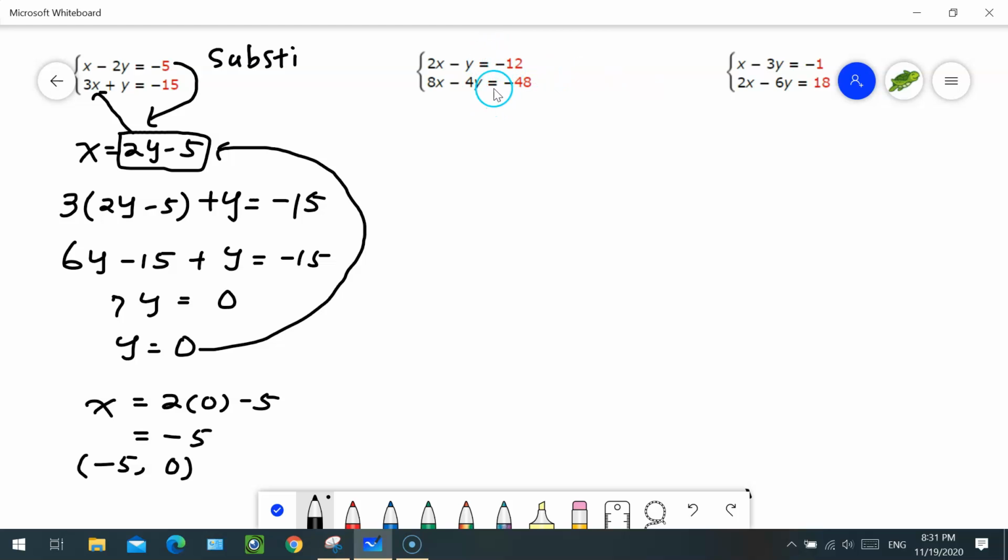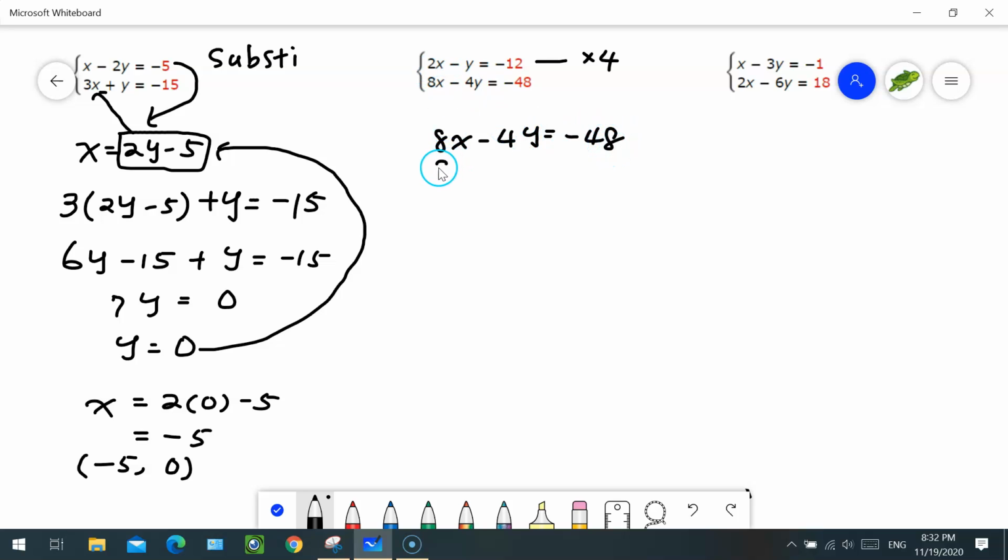Now this equation, you can go with substitution as well, or go with elimination. I want to solve this one by using elimination. So first step, I'm going to multiply the first equation by 4 because I want to eliminate the y. Now the first equation, we have 8x minus 4y equals -48.